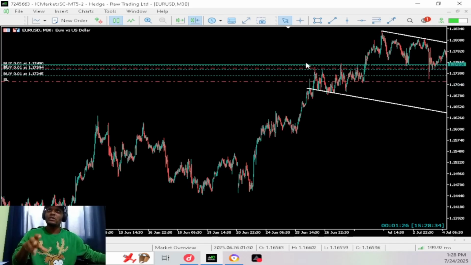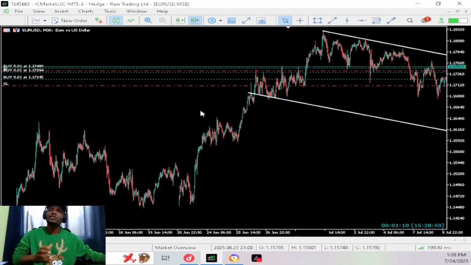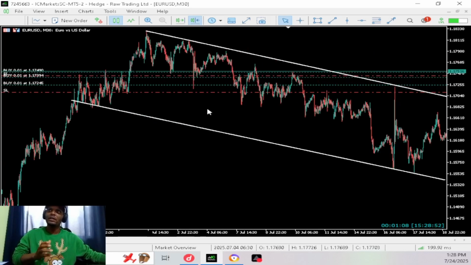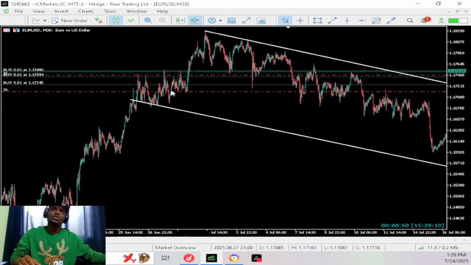We have a powerful impulsive structure where the market was going up, strong bullish for over a month. Then at the beginning of July, we have a significant drawdown. That means the dollar at the beginning of this month picked up significant strength against the euro, causing the euro to decline in price. So possibly now we are looking for more buying opportunities for the trend to continue more bullishly.